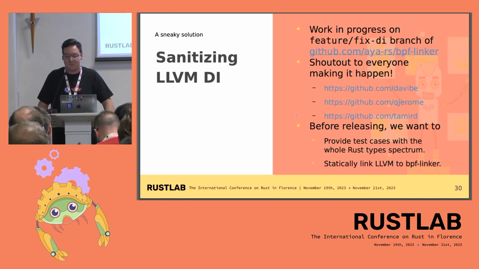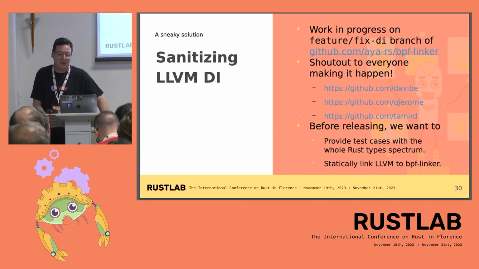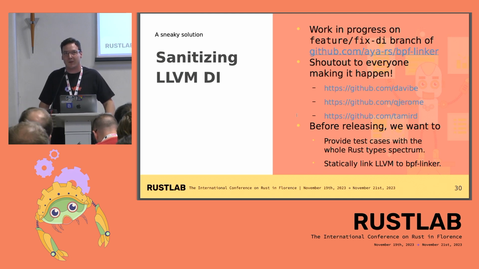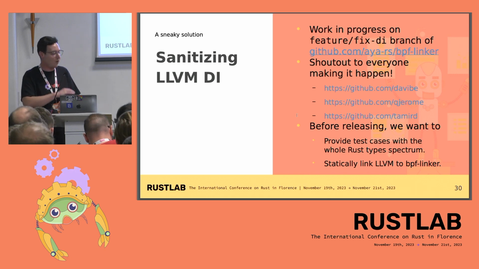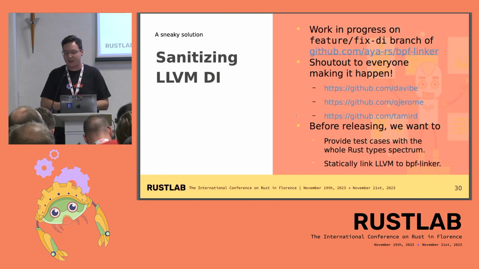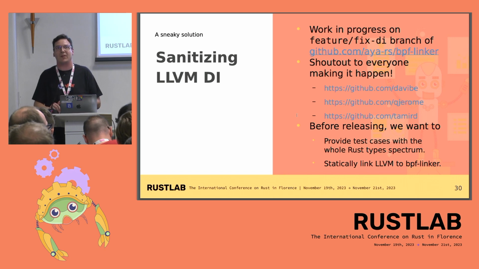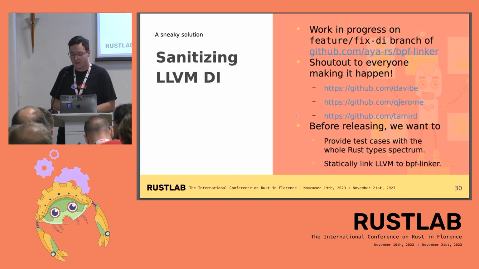There is one tiny bug to fix before we can carry on, and also ongoing work where we are coming up with a spectrum of tests, testing all the Rust types and checking whether they are properly sanitized. Once that happens, I think we will be good to go with releasing BPF-linker.